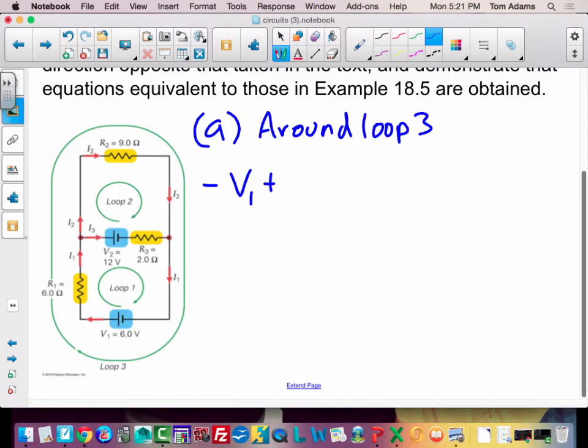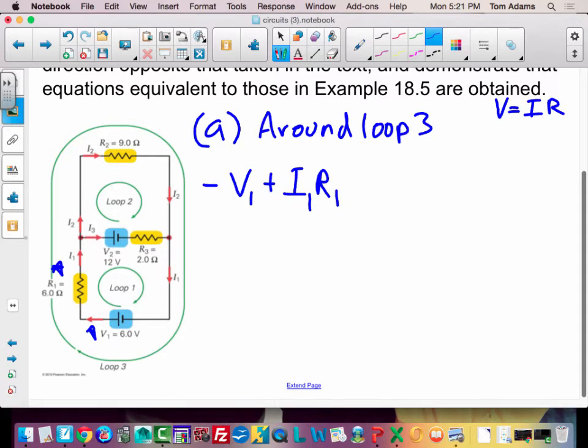And let me preface this by saying that voltage is always equal to I times R. So I'm starting here, and then I've got to find the voltage across here, which is equal to I times R. So the next voltage is going to be I sub 1, R sub 1.